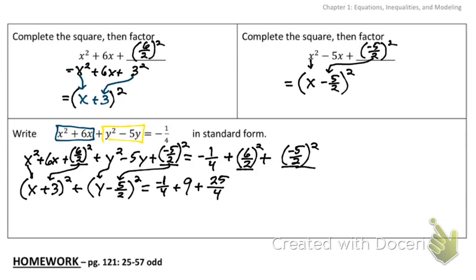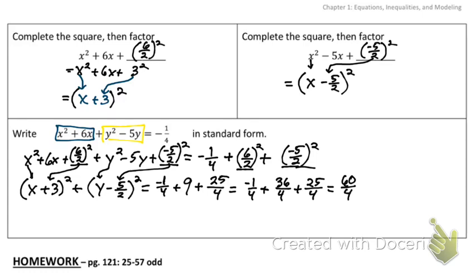So what I'm going to do is I'm just going to say, well, this is going to equal negative 1 over 4 plus 36 over 4 plus 25 over 4, which is going to equal, 36 plus 25, well, that's 50 plus 11, so that's 61, minus 1 is 60.